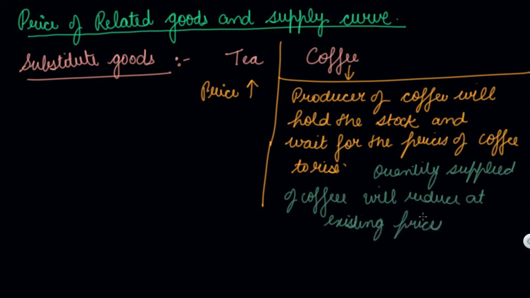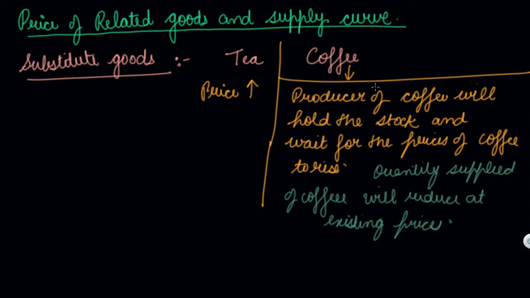See, tea and coffee are the substitutes we have. If the price of tea increases, then the price of coffee is lower than tea, and the law of supply says that if the prices are lower, your producer will be willing to supply less, right? So the producer of coffee, why would he sell at the lower price of coffee? He will hold the stock with him.